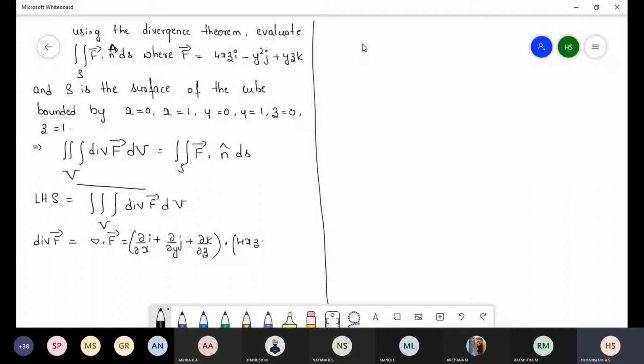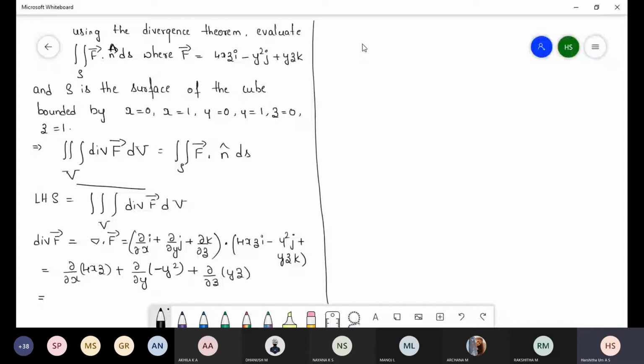Now we have to use the dot product. So dou by dou x of 4xz, because i dot i is 1, plus dou by dou y of minus y square, plus dou by dou z of yz, that is equal to, first one 4xz with respect to x is 4z, minus y square with respect to y is minus 2y, yz with respect to z is plus y.